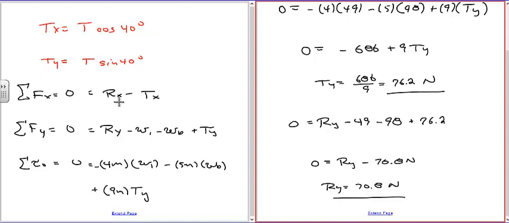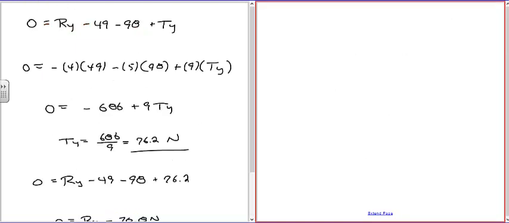Now, how the heck do we get r sub x and t sub x? Well, what we're going to do is find t sub x, and then once we have t sub x, we can find r sub x. So the deal there is, if you go back to the force triangle for the tension, you got this scenario.